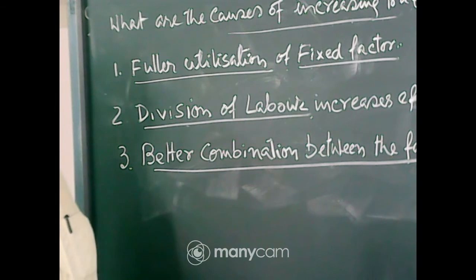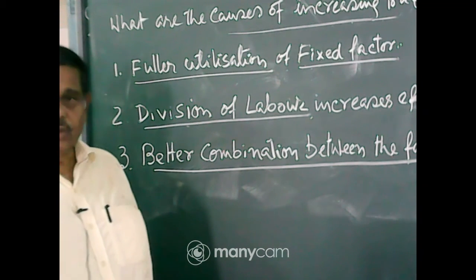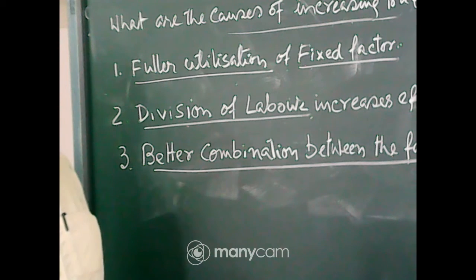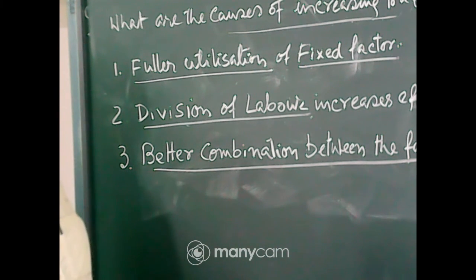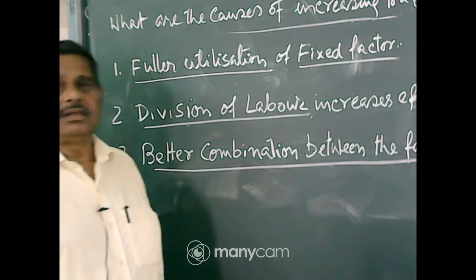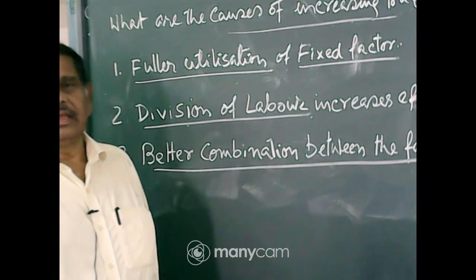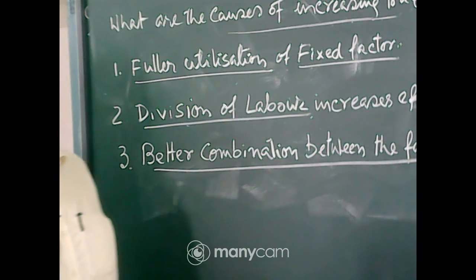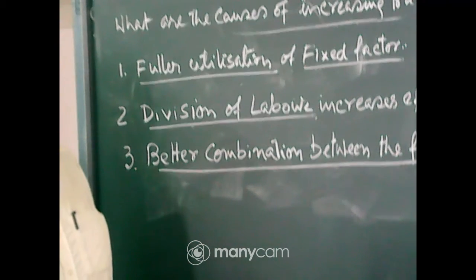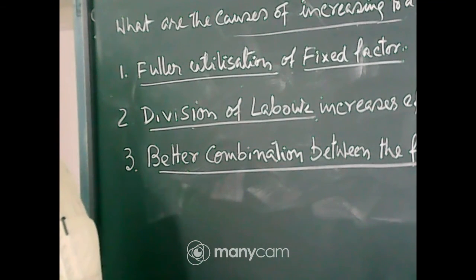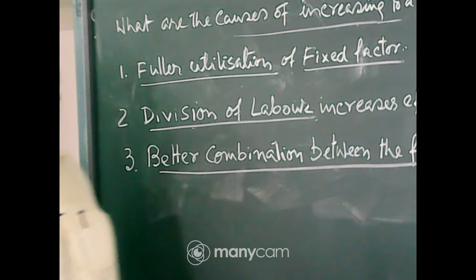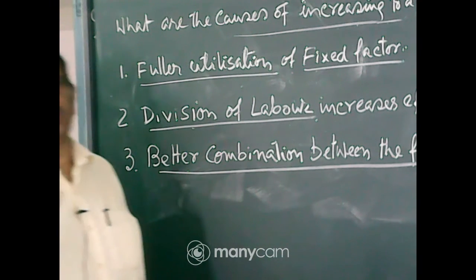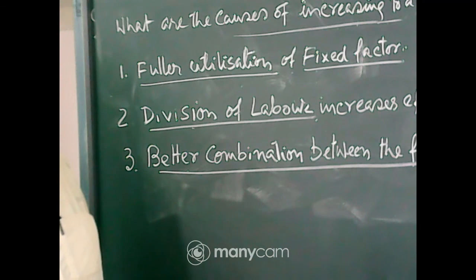If a producer uses more labor and less machine and tools, then production will not be at the optimum stage. The production will decrease according to the number of workers or labor. The machine should be adjusted.